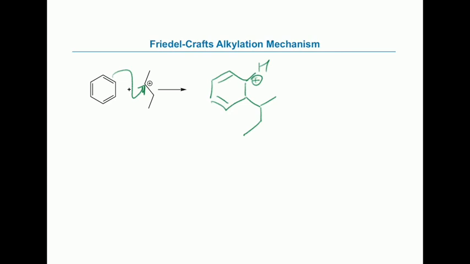Remember, we can draw its resonance forms: each of the resonance isomers where we delocalize around this ring, plus the third one where it's actually at that point. So the carbocation here that we generate is going to have positive charge at each of the ortho and para centers.